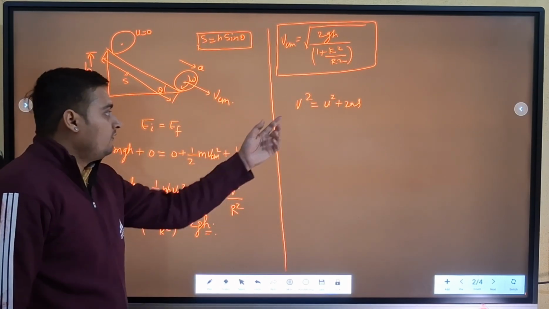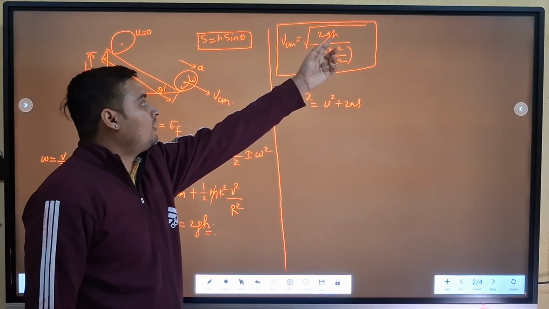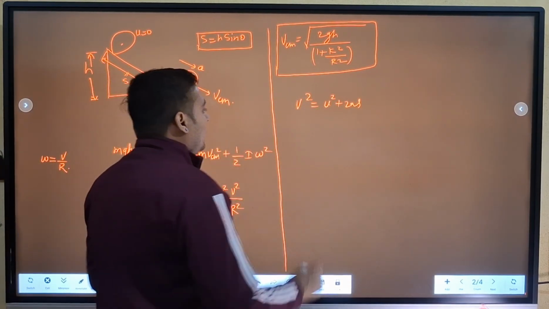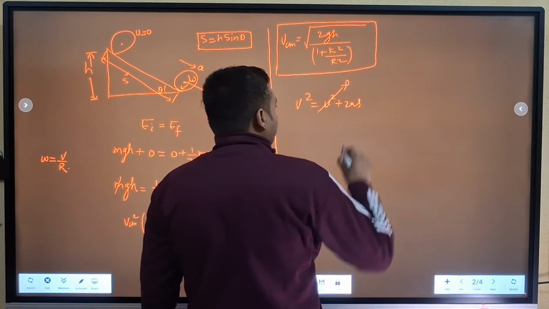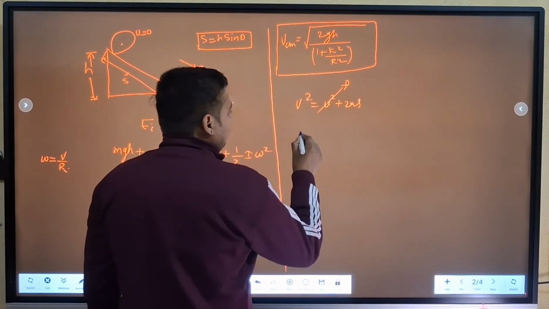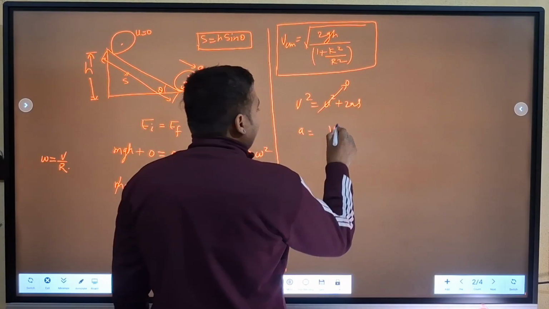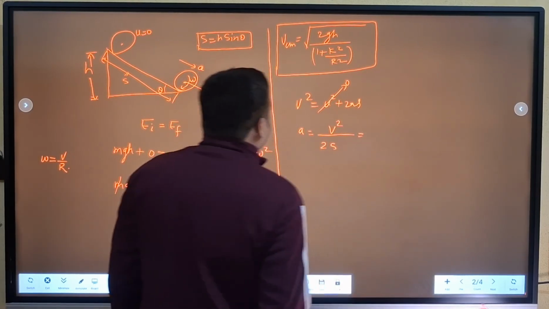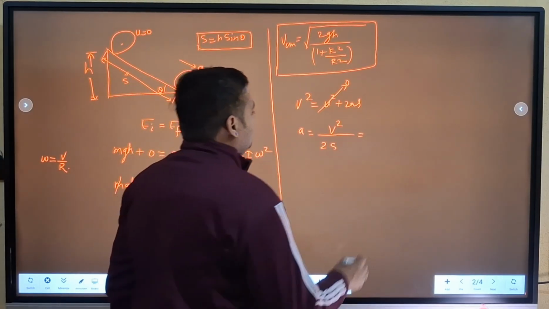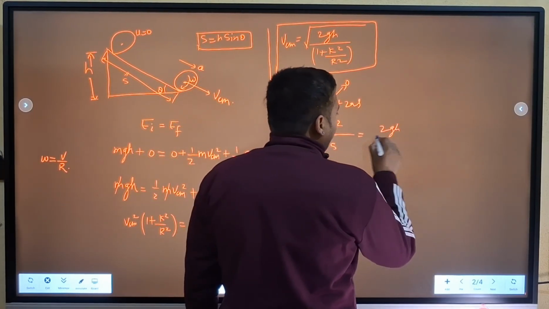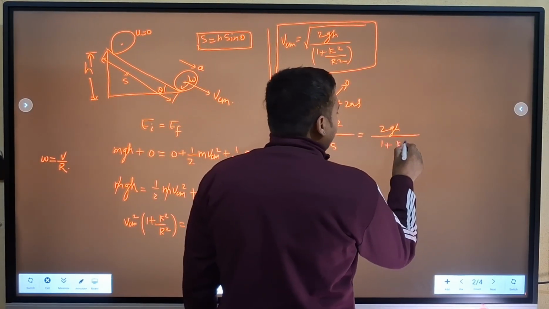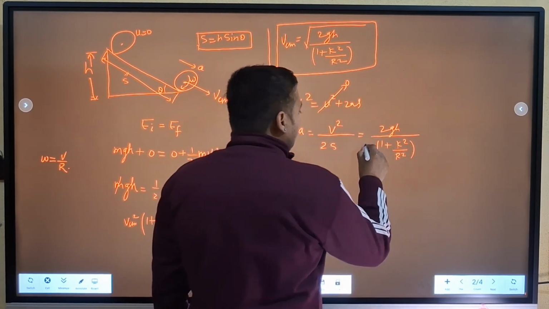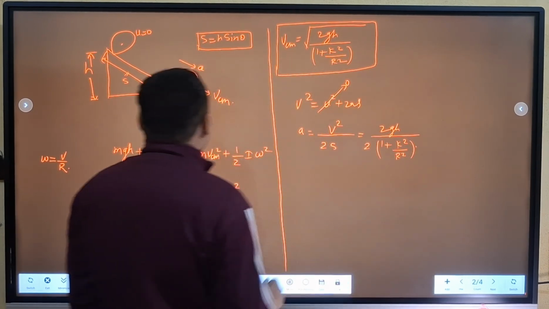If you see, v² will be equal to 2gh (1 + k²/r²), but u² is equal to 0, and we want to calculate the acceleration. So acceleration will be equal to v² by 2s. In place of s, what we will write?